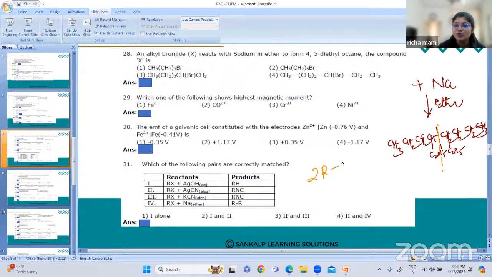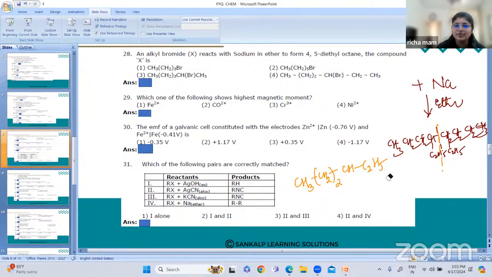So 2 moles of alkyl halide, when reacted with sodium in the presence of ether, give a higher alkane. In the same way, here we are just dividing the molecule into 2. So this is CH3, CH2 twice, then CH, C2H5.